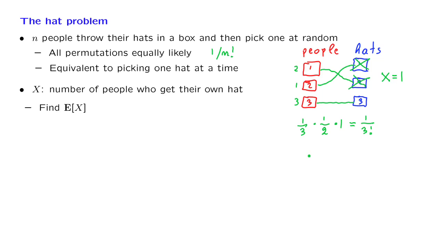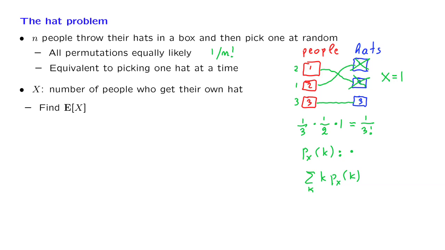The problem is difficult because if you try to calculate the PMF of the random variable x and then use the definition of the expectation to calculate this sum, you will run into big difficulties.